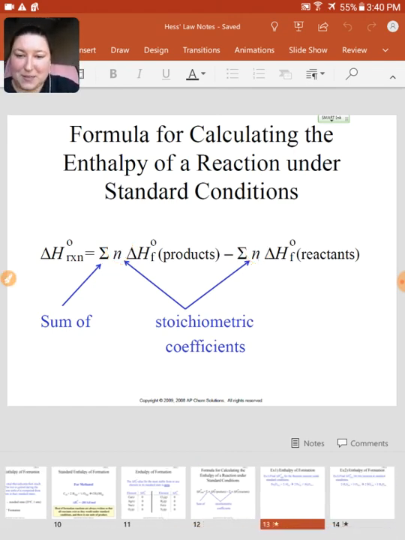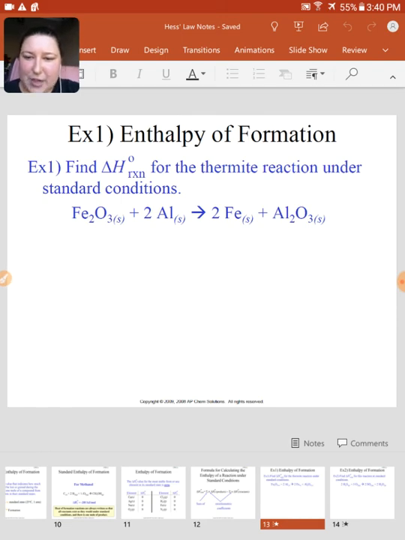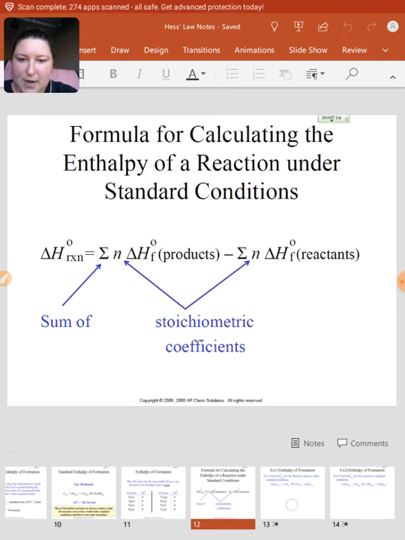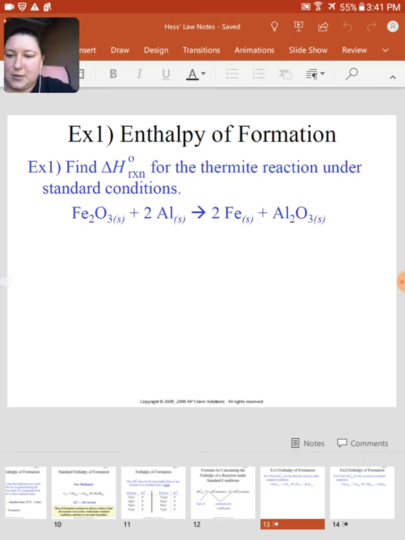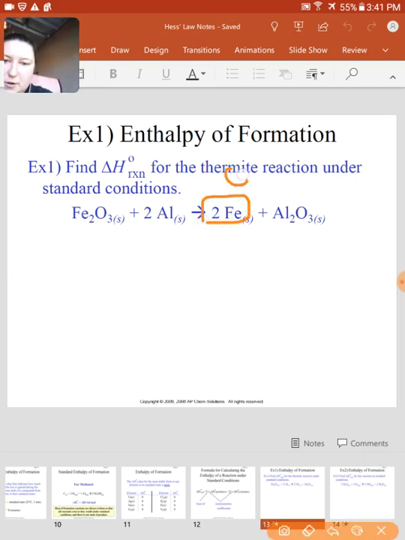So, looking at an example, find the standard enthalpy change for a thermite reaction under standard conditions. So it's the products minus the reactants. So this will be 0, and this will be 0.